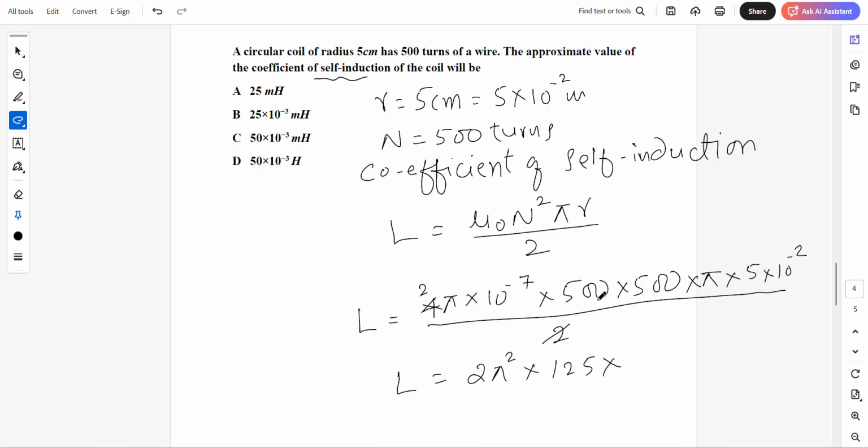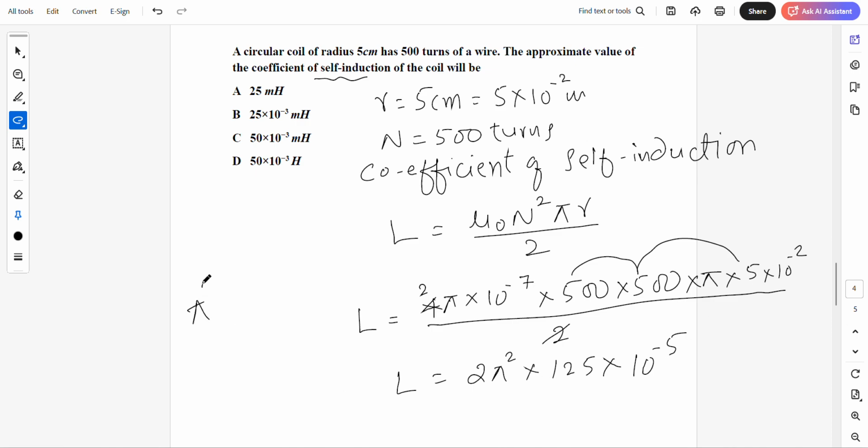Into 10 to the power of 4 minus 7 minus 3 minus 2 is minus 5. Understood? 2 pi into pi is 2 pi square. Into 5 into 5 is 25, 25 into 5 is 125, 10 to the power of 4 minus 7 minus 3 minus 2 is minus 5.